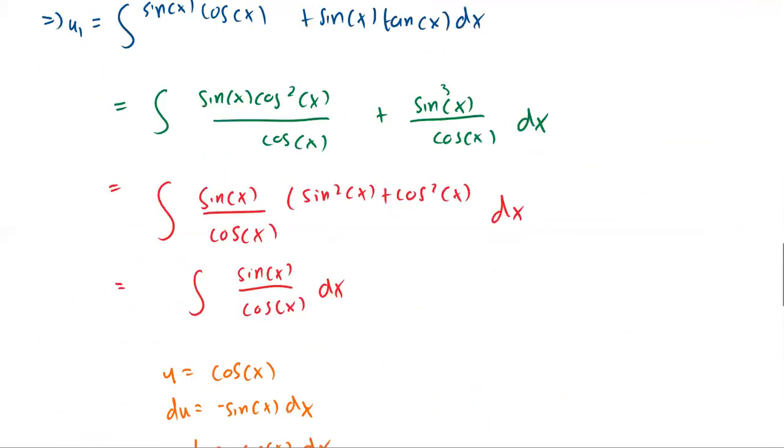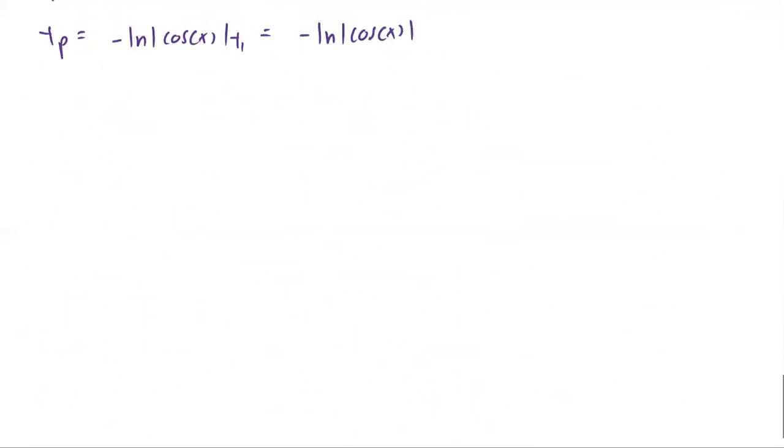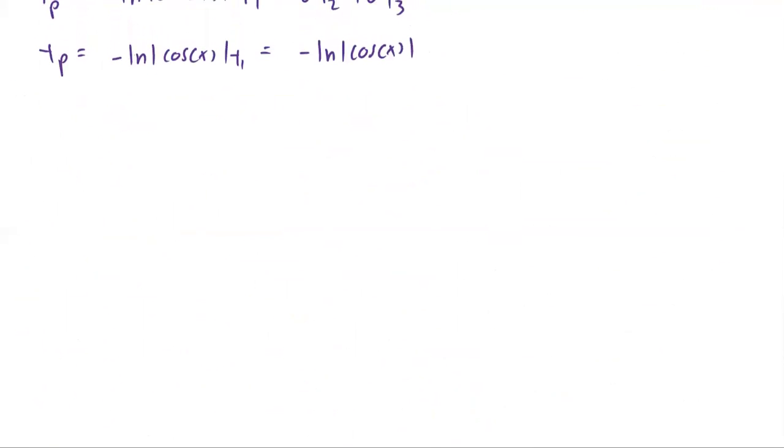What do we know about cosine x in that interval? Well, you can bring out your unit circle if you don't remember, cosine x is positive, which means that this simplifies to the negative natural log of just cosine x, of course on negative pi over 2 to pi over 2.